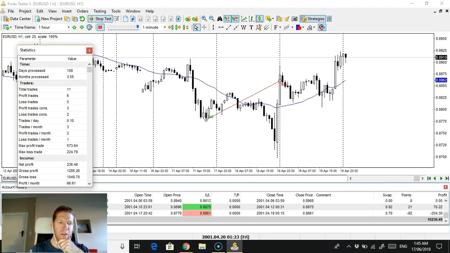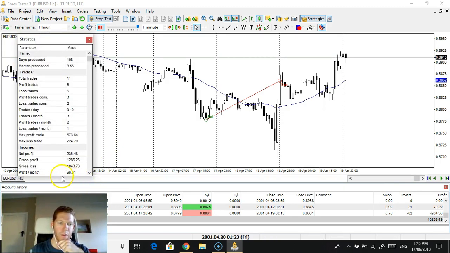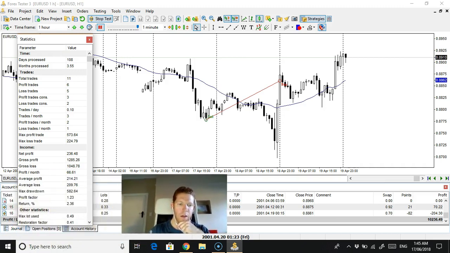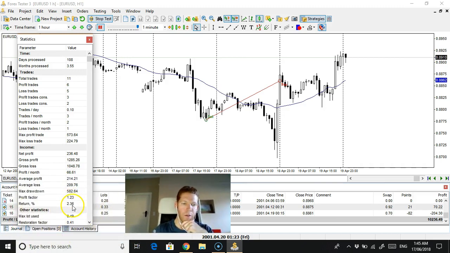As you can see, it is interesting. So profit per month. Let's get this out of the way. All right, so return factor, profit factor, max drawdown, trades per day, total trades in that time. So that's what we're looking at.